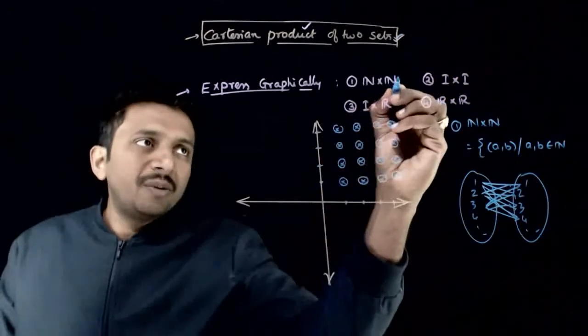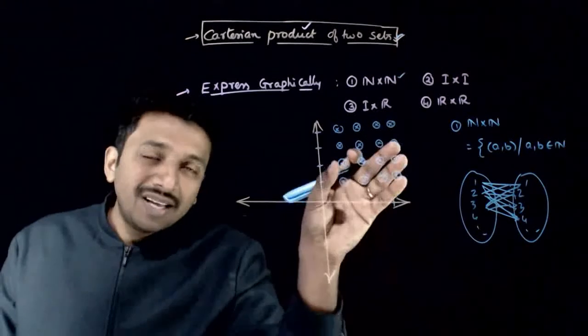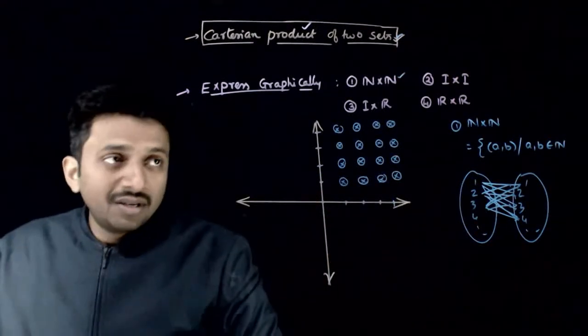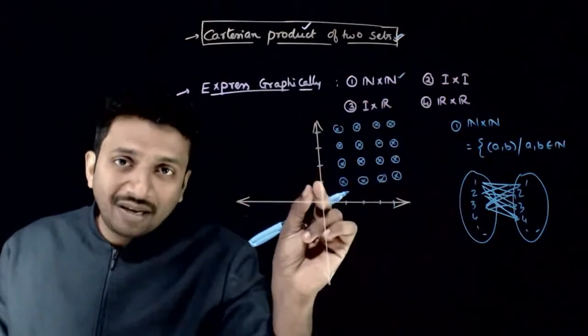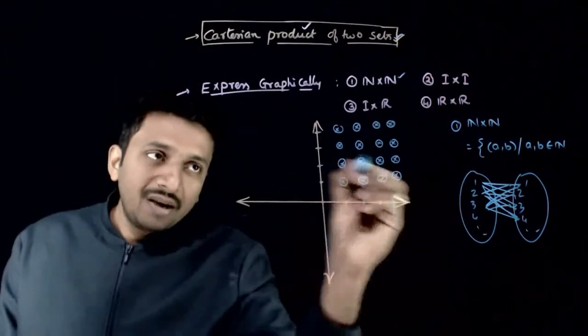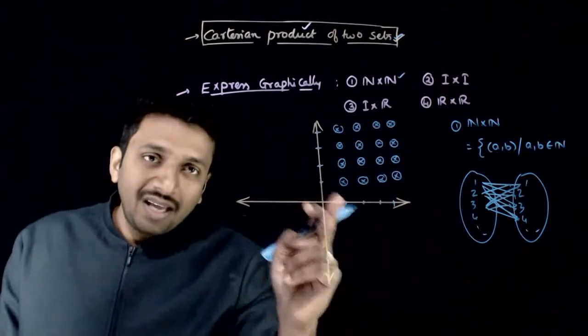So N cross N represents all the grid points in the first quadrant. I hope you understood this. N cross N graphically represents all the grid points, that is, the intersections of vertical grid lines and horizontal grid lines in the first quadrant.